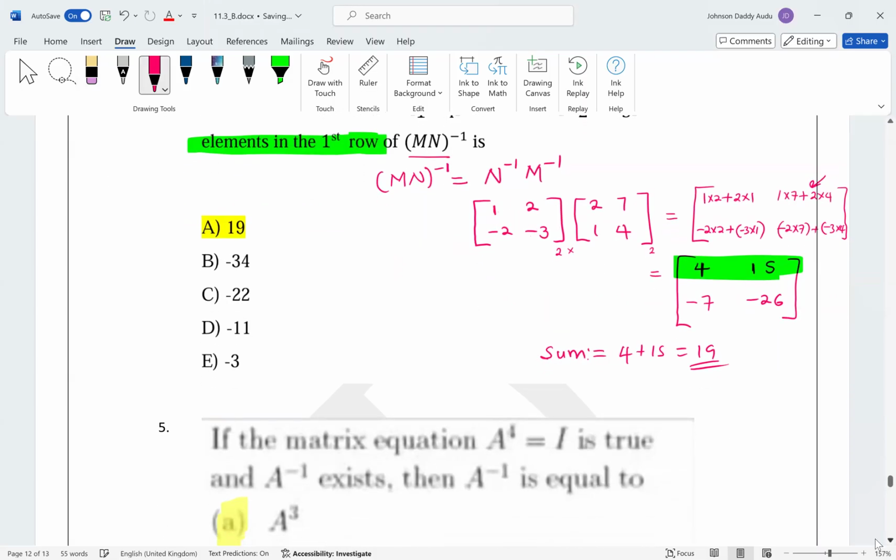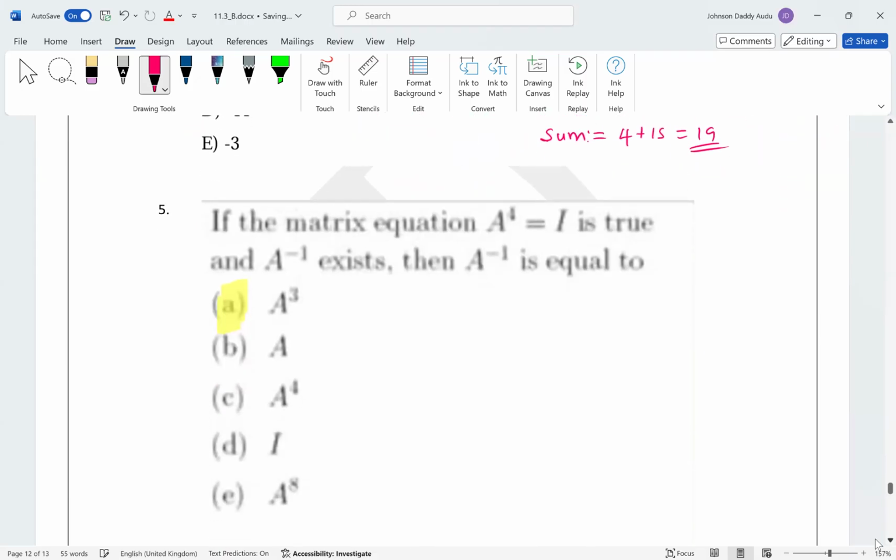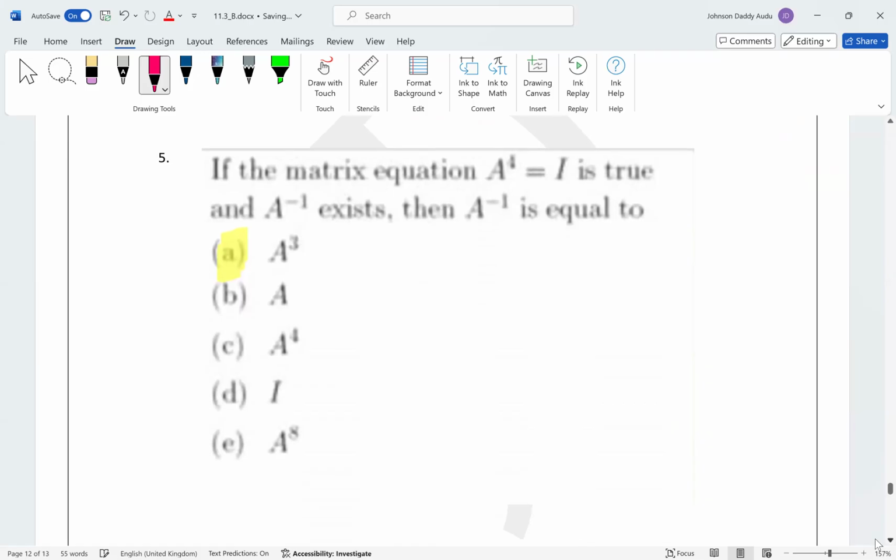Now, number 5. It said if the matrix equation A to power 4 is equal to I is true, then what is A inverse? So you have A to power 4 equals I. What is A inverse?